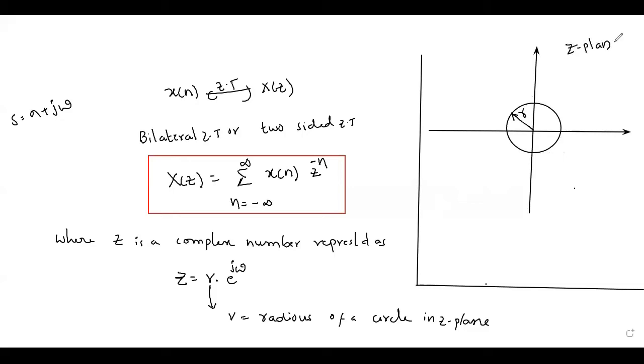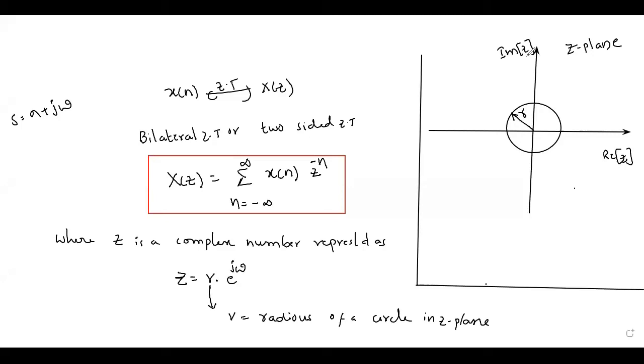Z plane. Same as here, real part of Z on the x-axis, and on the y-axis, imaginary part of Z will be there. This R into e power j omega in that form. This is a standard Z plane. A circle will be there with the radius R. Whatever term is there, that is the radius R. e power j omega, real part on the x-axis, imaginary part on the y-axis.